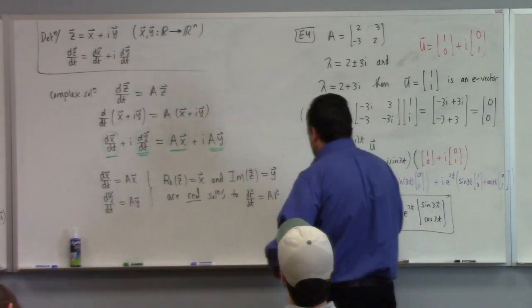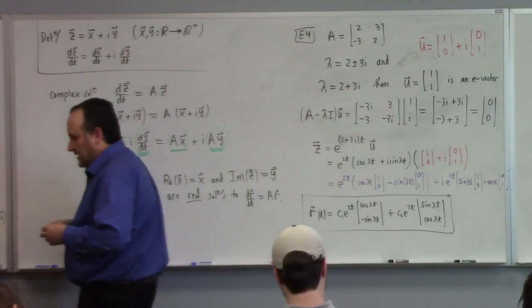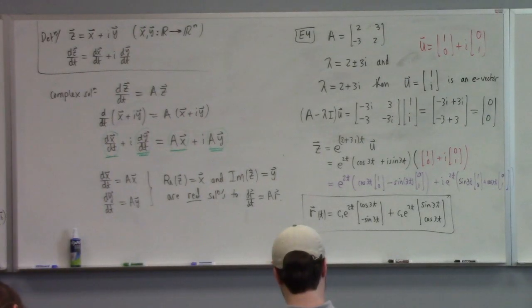So that's how we solve a system of differential equations using the complex eigenvector. It's a little bit less direct, but the story is very similar. We take the complex eigensolution and we calculate its real part and its imaginary part. Those separately have to be real solutions.